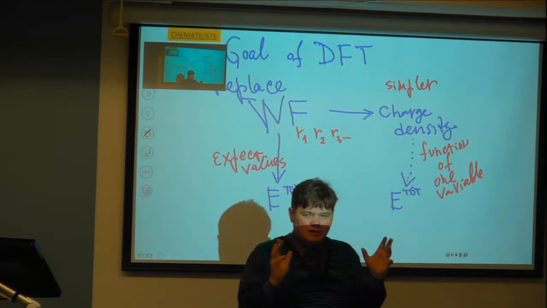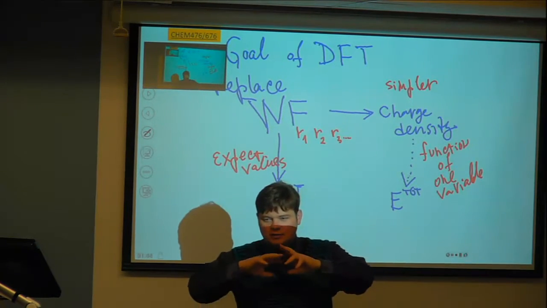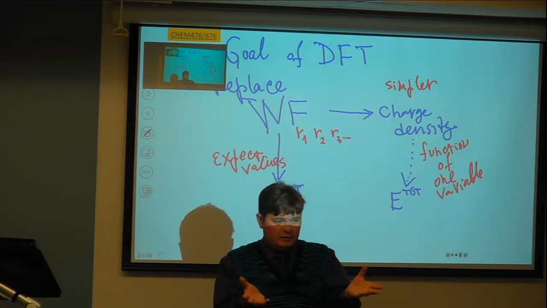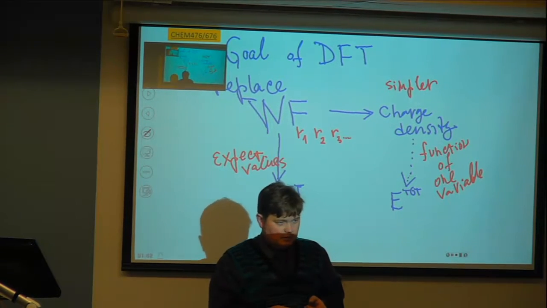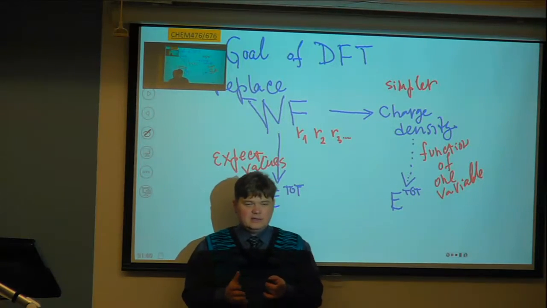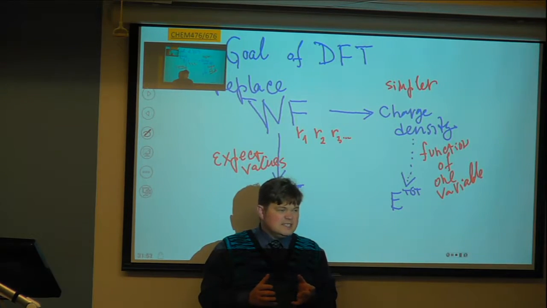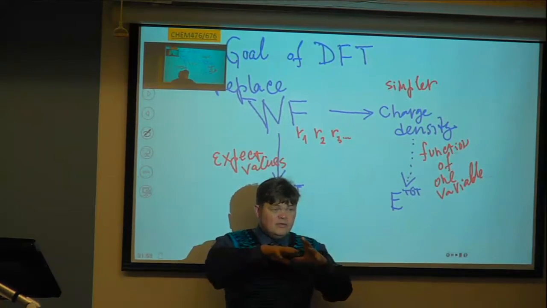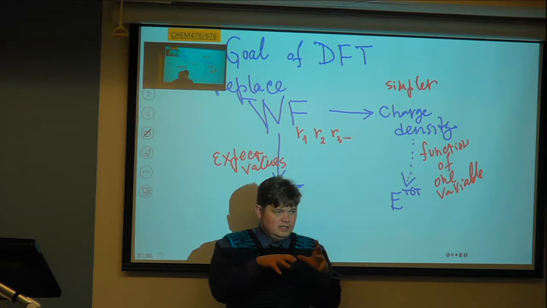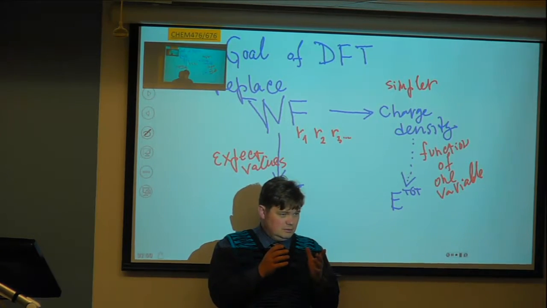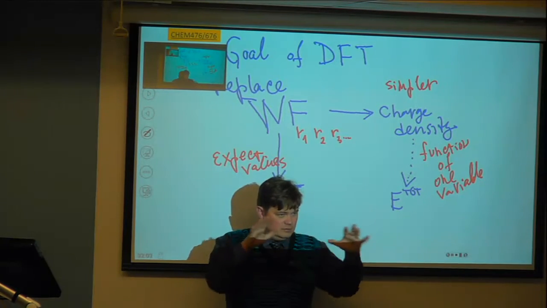So no matter how many electrons, you just add together which space they occupy, as Daniel told me, right? And there are equations that connect this very, very simple object. It is as heavy as a one-electron wave function, right? It depends only on 3 coordinates.